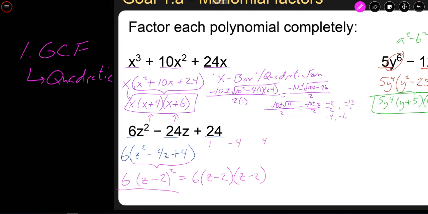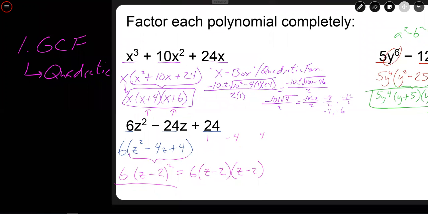And then once I get a quadratic, I can either use the quadratic formula, use that X box method that we talked about, or if I happen to see a special quadratic like a difference of squares or a perfect square trinomial, then I can use those patterns to break them down as well. If you don't happen to remember the special quadratics, the formulas for them, you can always fall back to the quadratic formula, and that will allow you to factor any quadratic.